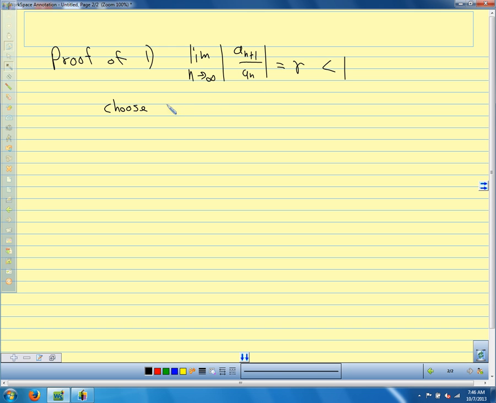So we're going to choose r, so 0 less than or equal to r, less than or equal to capital R, which is less than or equal to 1. We're just choosing some r that we want this value to get close to.